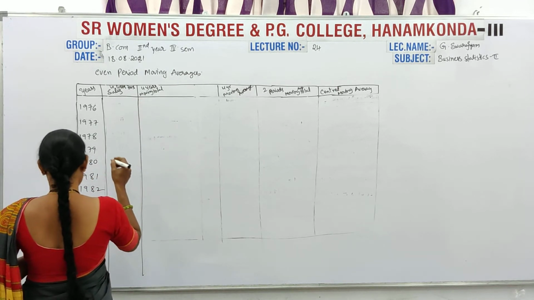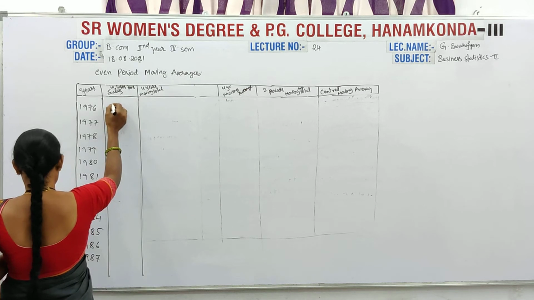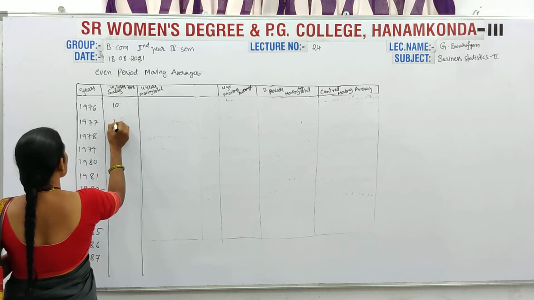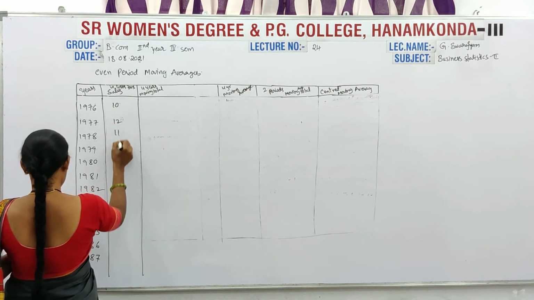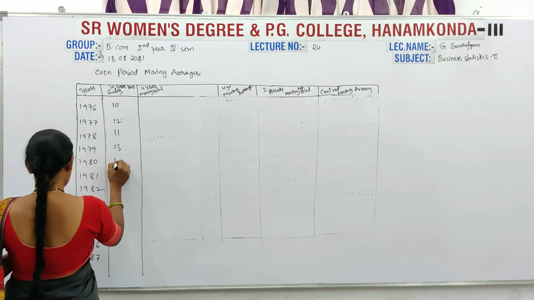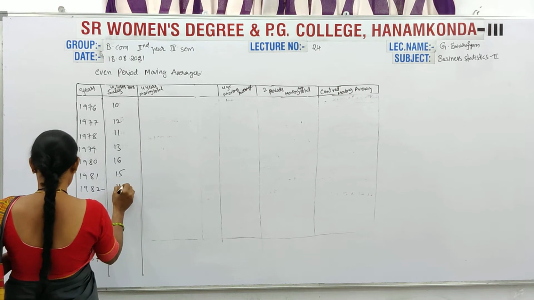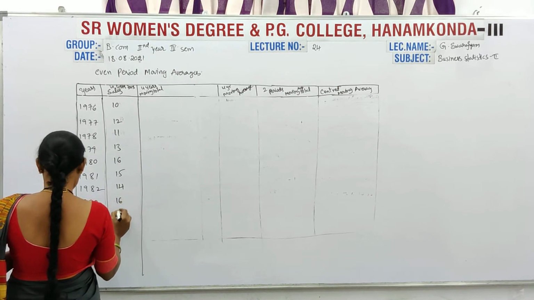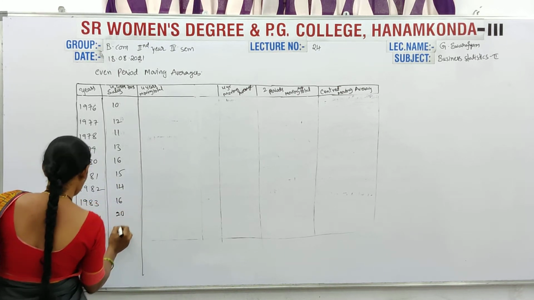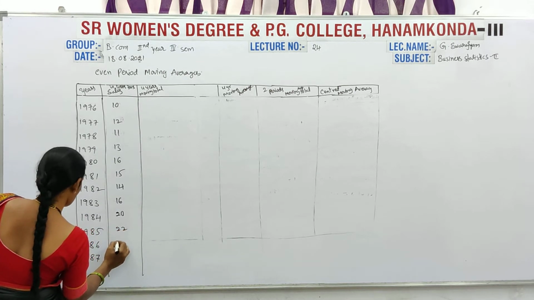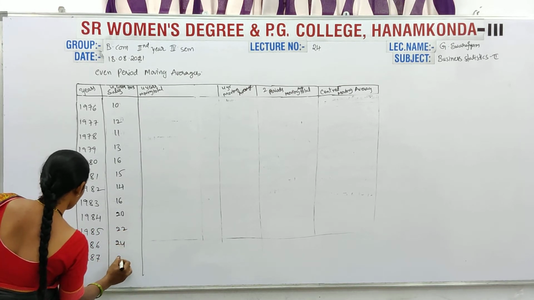Next, sales: 10, 12, 11, 13, 16, 15, 14, 16, 20, 22, 24, 30.